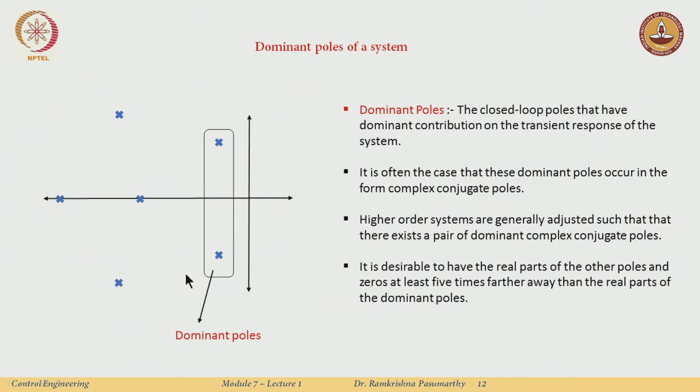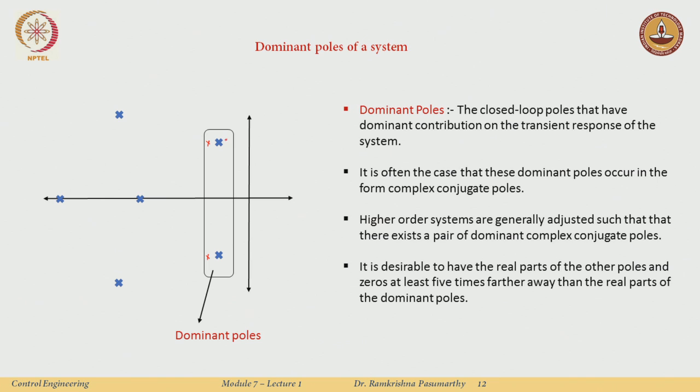But for that, it is desirable to have the real parts of other poles and zeros at least 5 times further away than the real parts of the dominant poles. So, if this is minus 1, these should be at least at minus 5 and further away. If there is some other pole pair closer, then I cannot really call the blue ones the dominant poles.